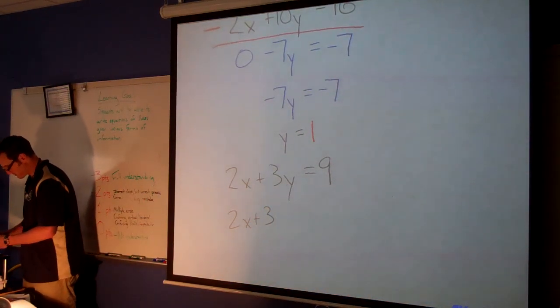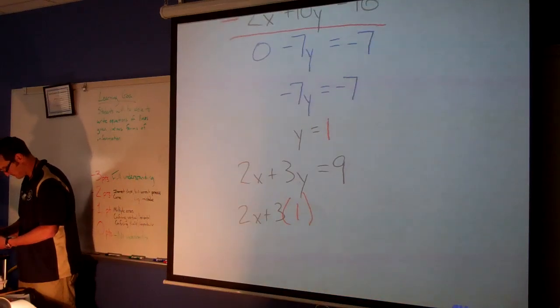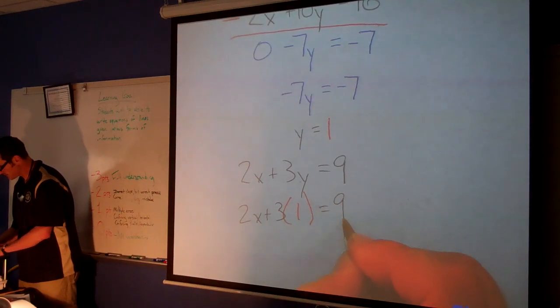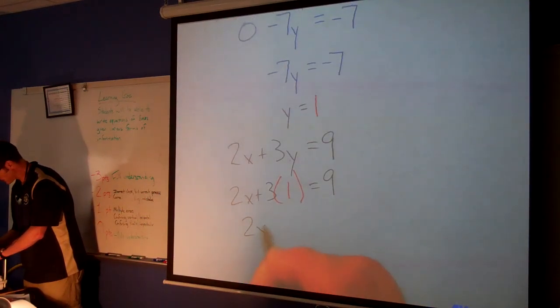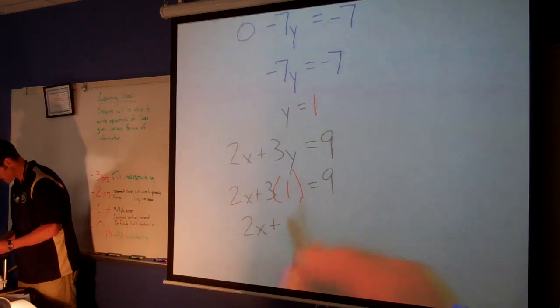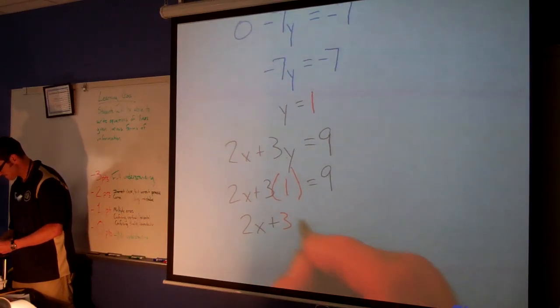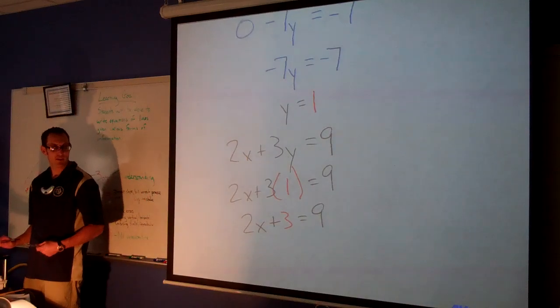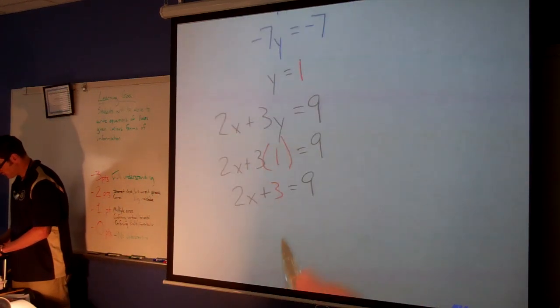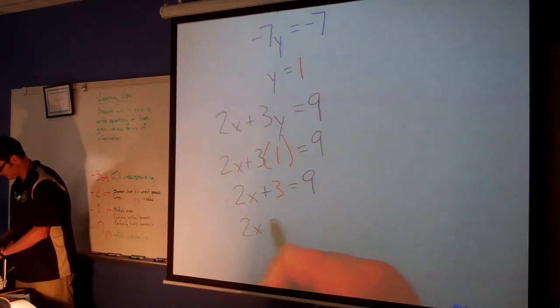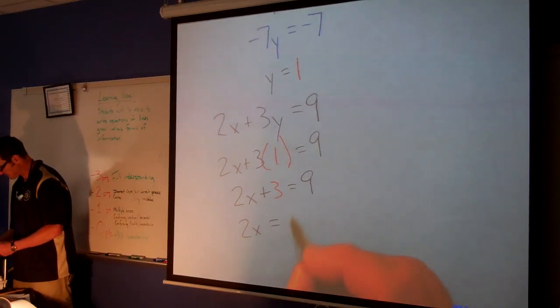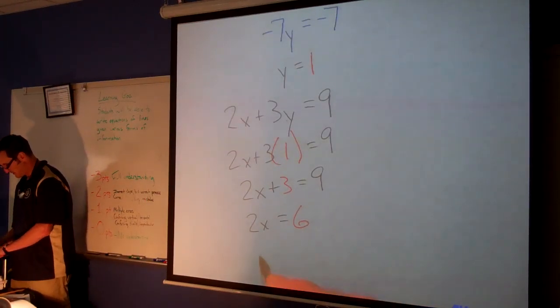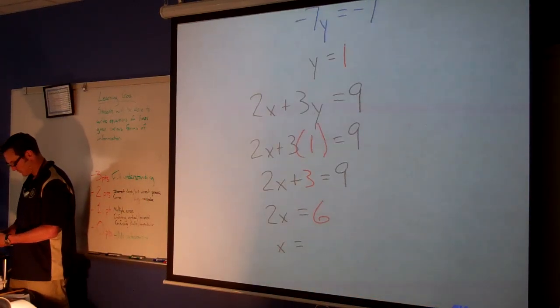So 2x plus 3 times 1 will equal 9. And so I have 2x plus 3, because 3 times 1 is 3, equaling 9. I'm ready to undo my equation. I will subtract 3 on both sides, and then divide both sides by 2.